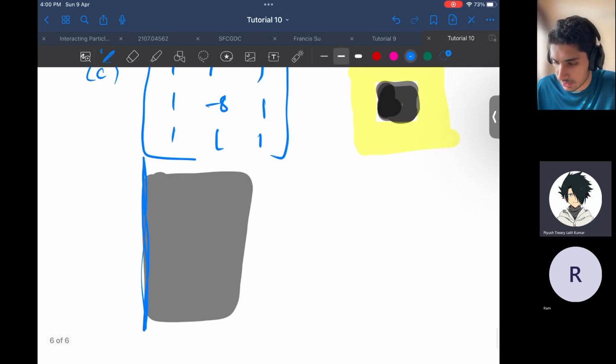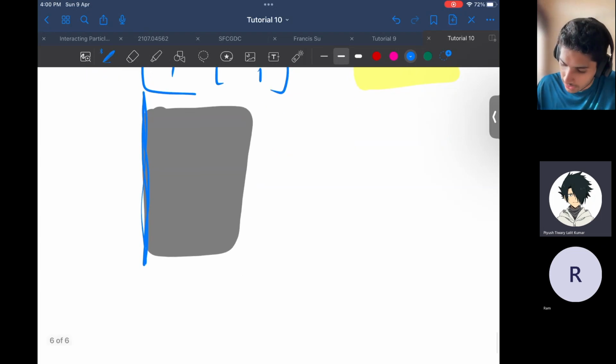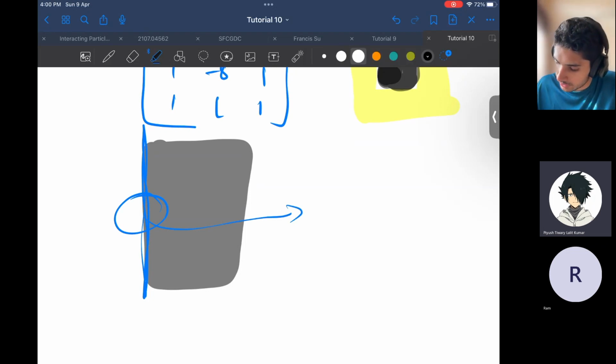So how does an edge look? If you take this part and zoom in on it, it will look something like this.